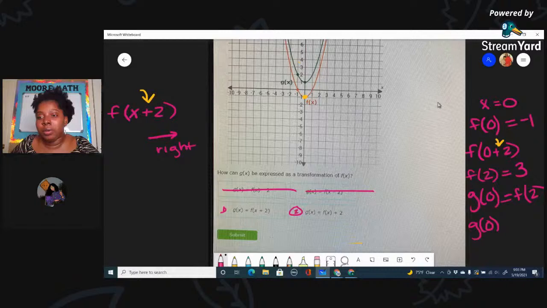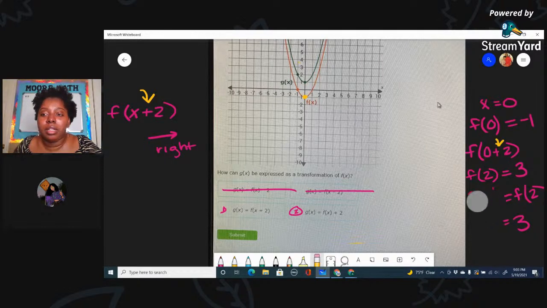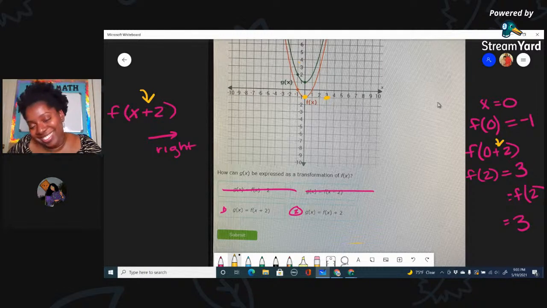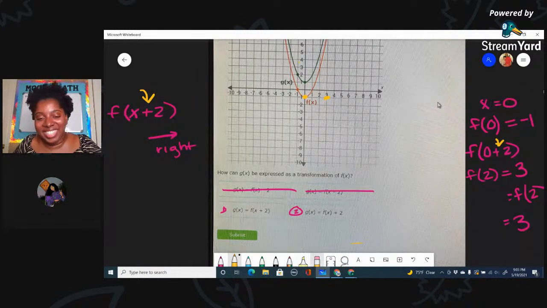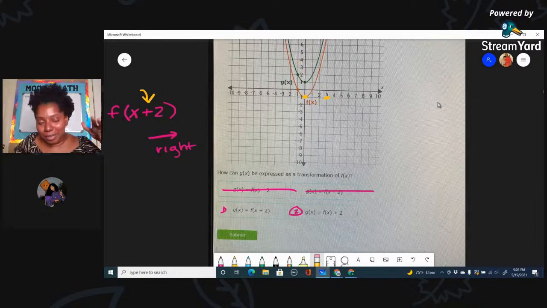So it's 0, 3. Actually, I'm sorry, that's not right. It's negative 1, 3. Somehow I did that wrong, but it's supposed to look like that. I don't want to confuse you though. But either way, you knew that it was supposed to be 2.